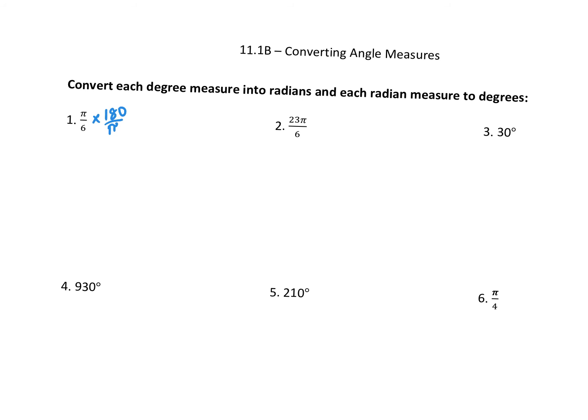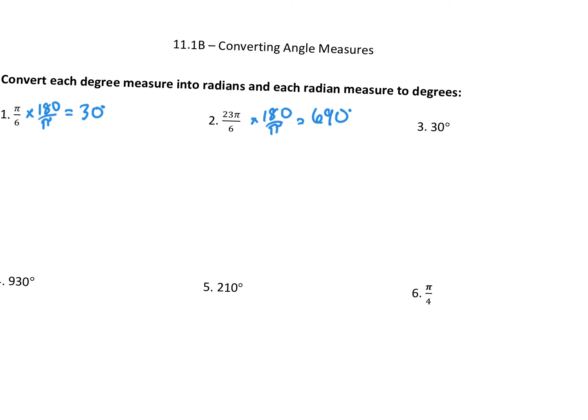So pi on the bottom, multiply across, it gives me 30 degrees. Pi on top times 180 divided by pi, multiply across, I get 690 degrees. 30 degrees, okay, now I have to multiply by pi and divide by 180. 30 ABC 180 gives me pi over 6 radians.